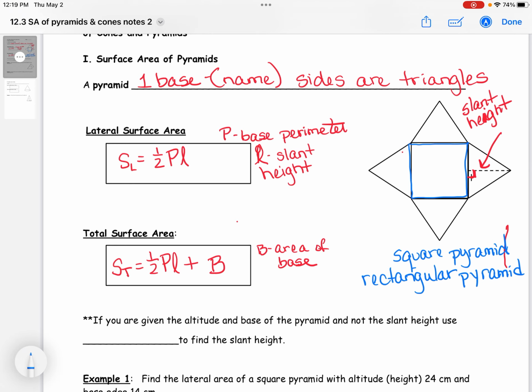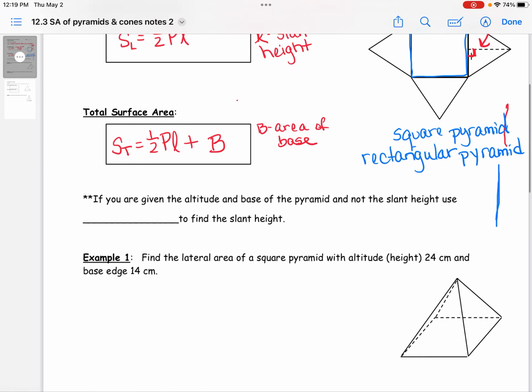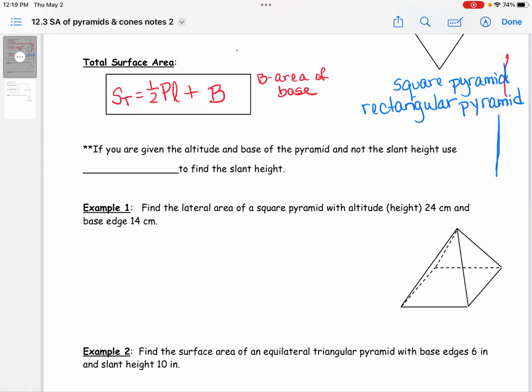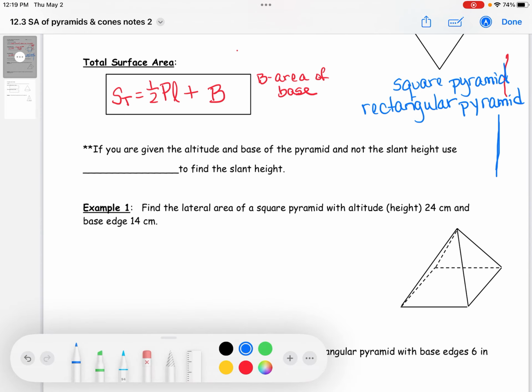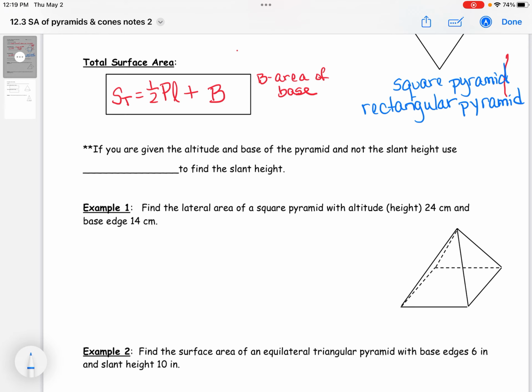So what I was just talking about is there's 2 different parts of the triangle. The slant height is the one that's an L. And the altitude could also be called the center line.